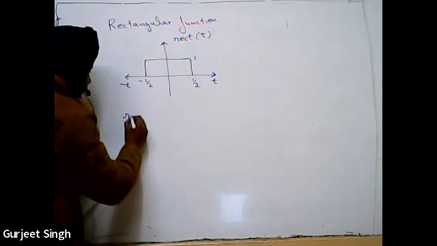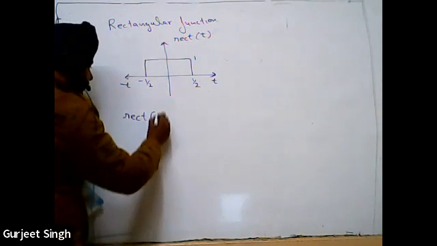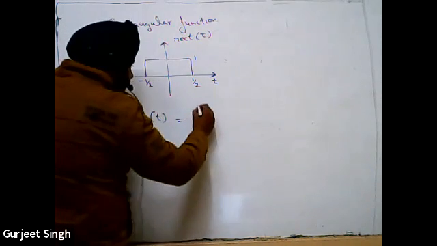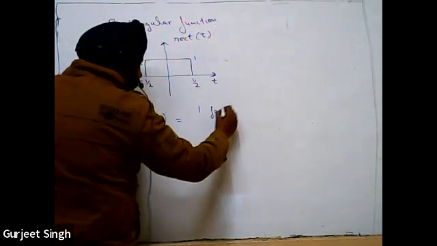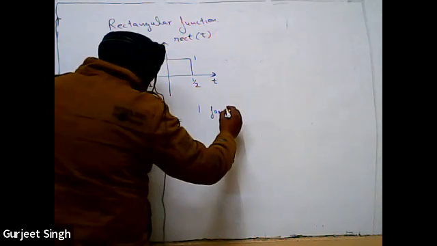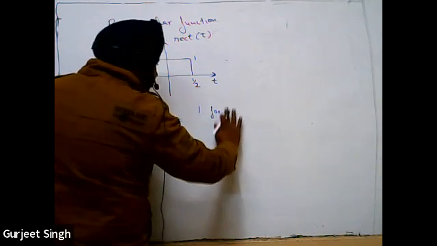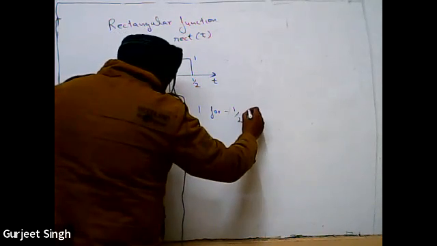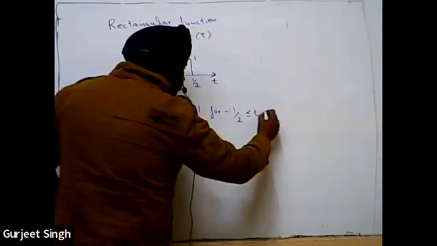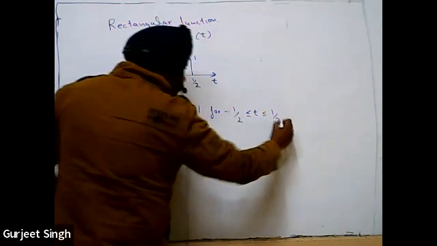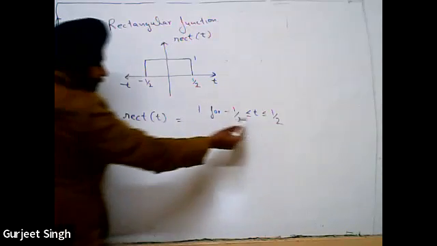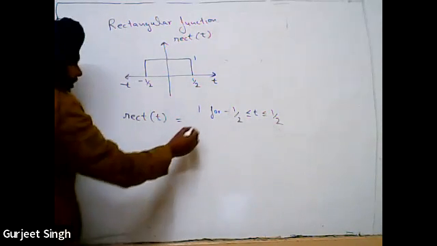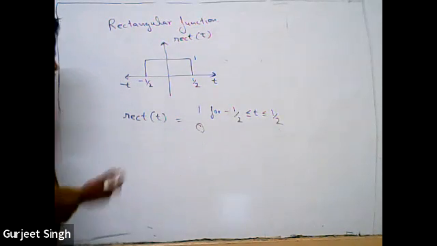It is represented by RECT rectangular t, and its value is 1 for t in the range from -1/2 to 1/2, and its value is 0 otherwise.